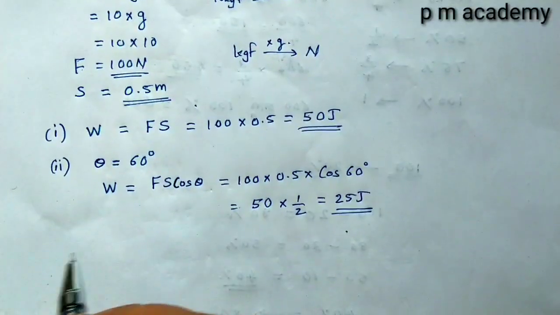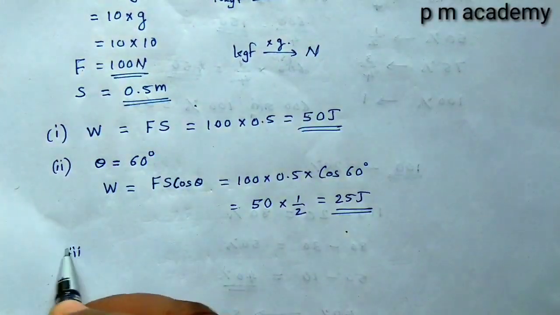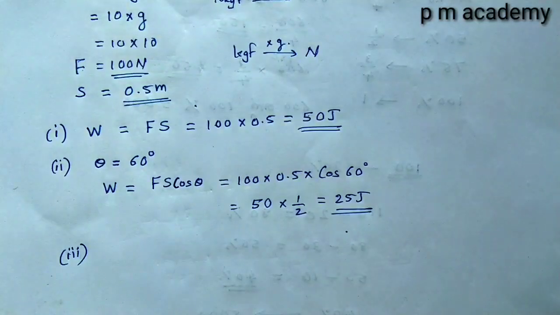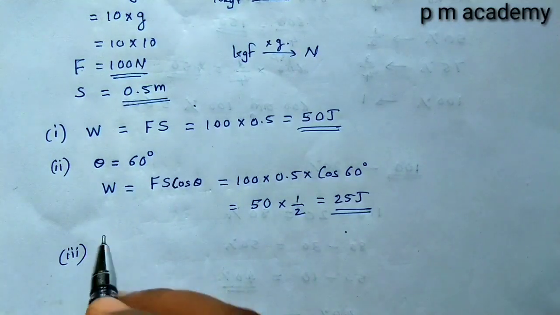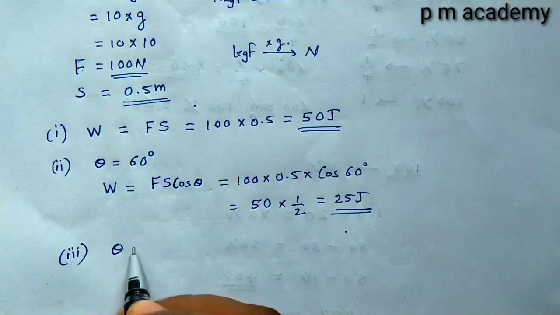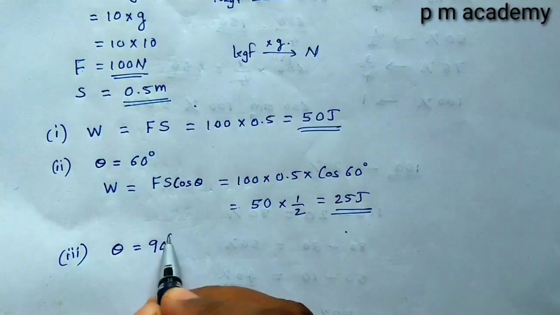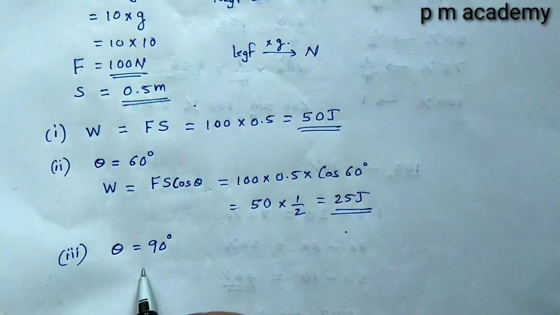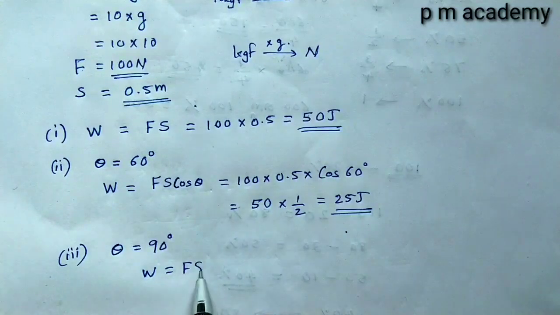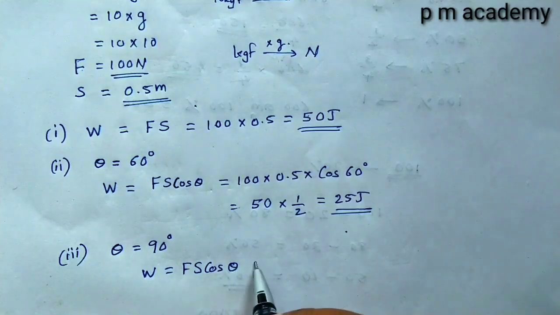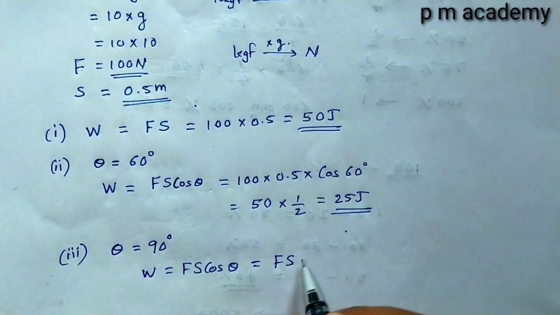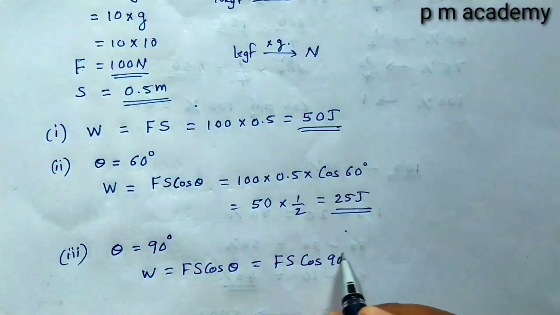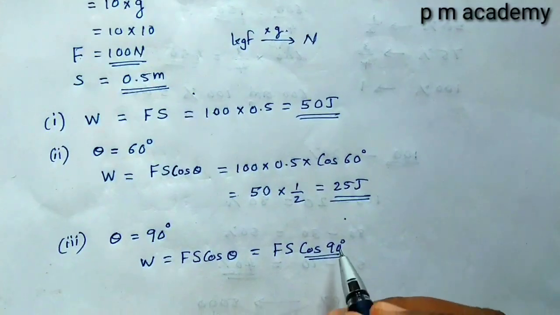Question number 3, if the angle between force and displacement is given as 90 degree. Therefore, work done is equal to Fs cos theta. Here F into S into cos theta, theta is 90 degree. You know that cos 90 is 0.